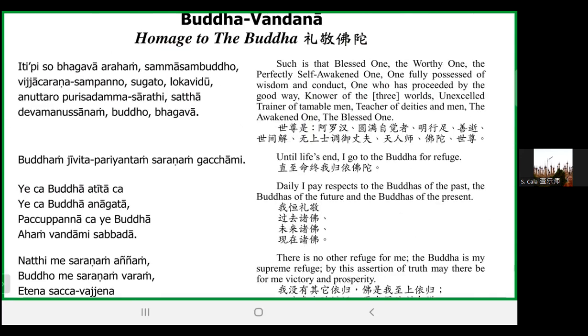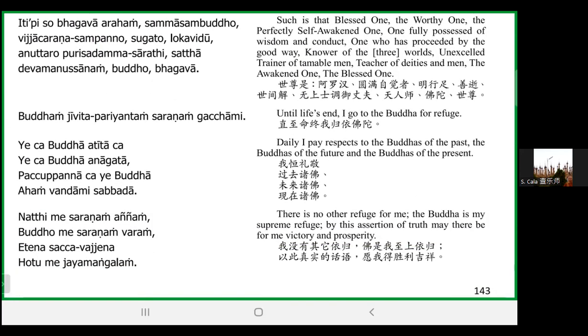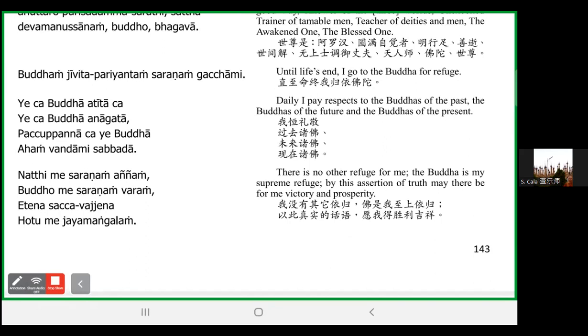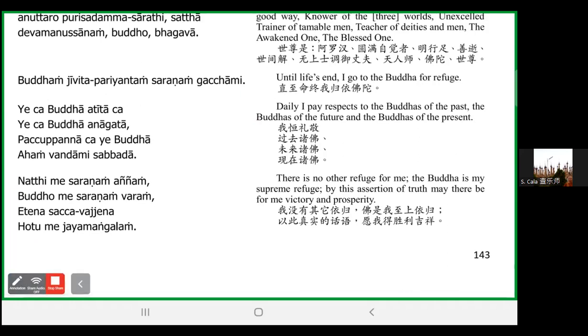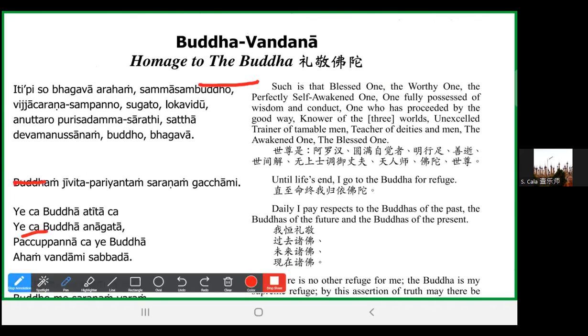I think we will continue doing this kind of chanting because one thing is interesting: you can see how we use some of the things you already learned today. Today you learned the ati, the hotu, and the gachami. You also learned the so, and you now understand this so is talking not about "he" but about the Buddha here.